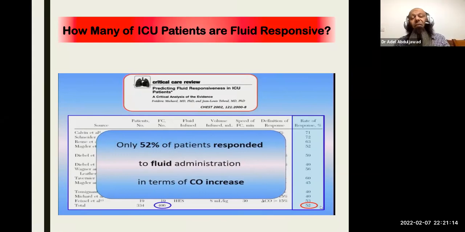You have to know exactly where you are and how you can identify this group of patients who are fluid responders. This is my role: to tell whether the patient is a responder or non-responder.